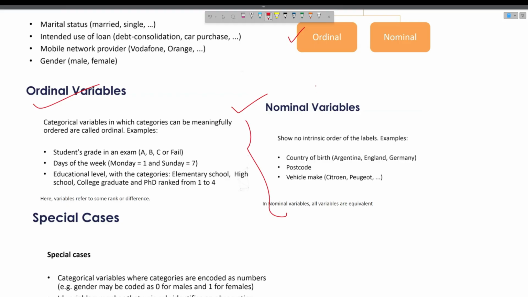If a variable is like country of birth, this can be a nominal one. How? Because the labels show no intrinsic order.